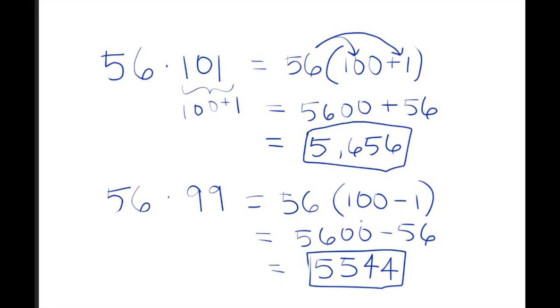So the distributive property is pretty useful for us there. It also can be used to find areas. So I'm going to go ahead and erase this. Let's say I have a rectangle here. And I'm just going to say that this side is going to be 8 feet long.